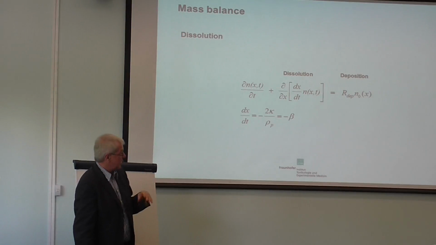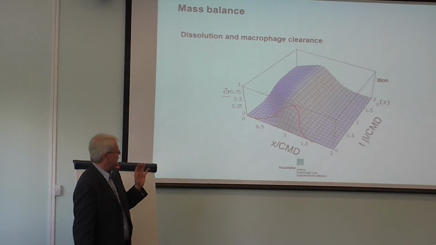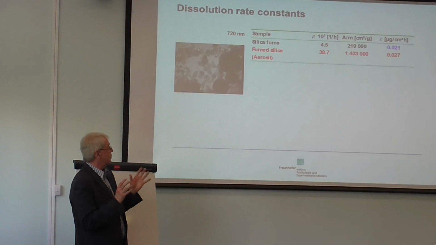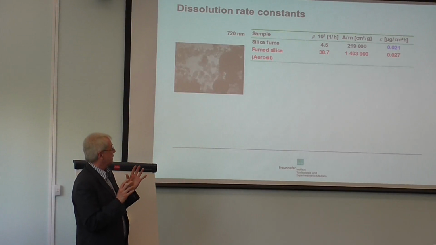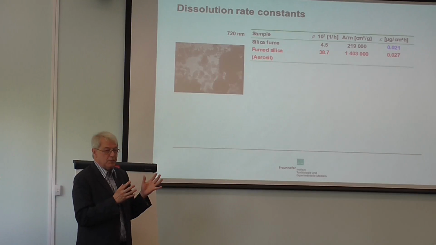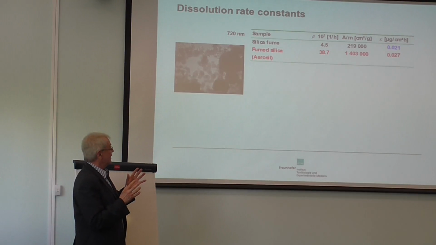So also here are mathematical models, and I just will skip them because it's too complicated. So I just want to give two examples that give you an impression on the relation between the residence time and the solubility.